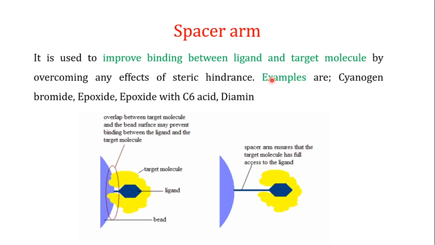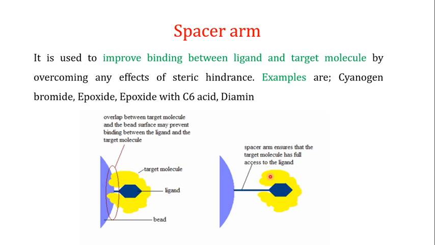So this particular point, as I've told you, that it should be easily coupled to a ligand or a spacer arm, should be clarified by now: this is your matrix, this is your ligand, and this is your spacer arm. Now what the spacer arm does is that it provides a very good binding site for your target in the mixture or for your desired biomolecule, because it exposes the ligand for the proper interaction with your target. So the spacer arm is improving the binding of the ligand to this particular target molecule.